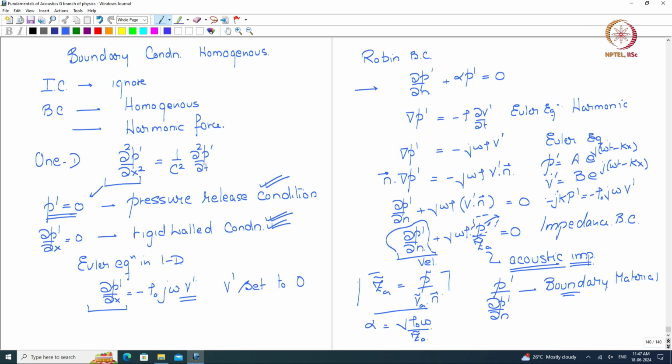And so straight away we have a relation between pressure and velocity. No more integrations for the harmonic case. So this equation is going to be of great use to us repeatedly.